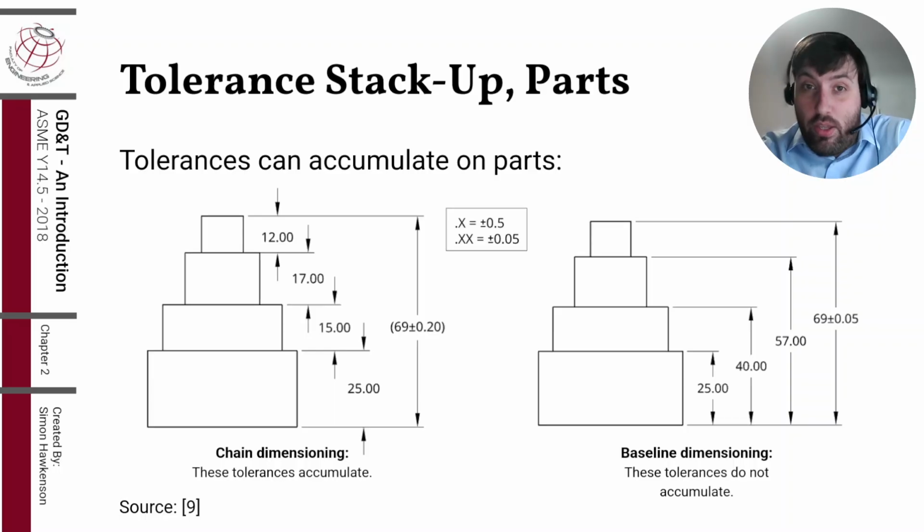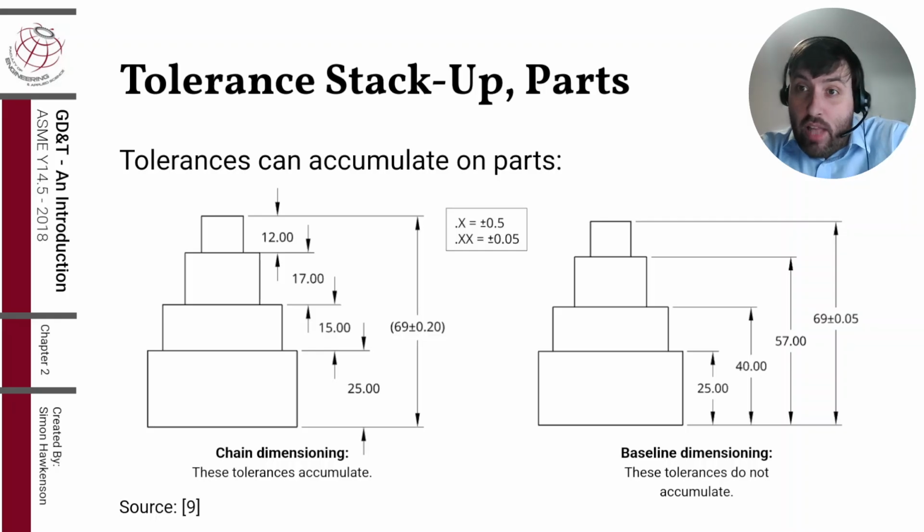Tolerances can also accumulate. In the middle here, you can see that I've set for dimensions with 2 decimal points, the tolerance is plus or minus 0.05. Normally you would put this particular note in your title block, but obviously this is not a drawing, so I put it here for convenience. And on the left, you can see an example of chain dimensioning. Each dimension is chained one after the other.